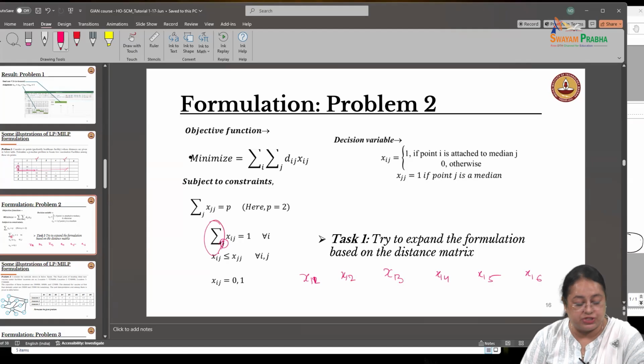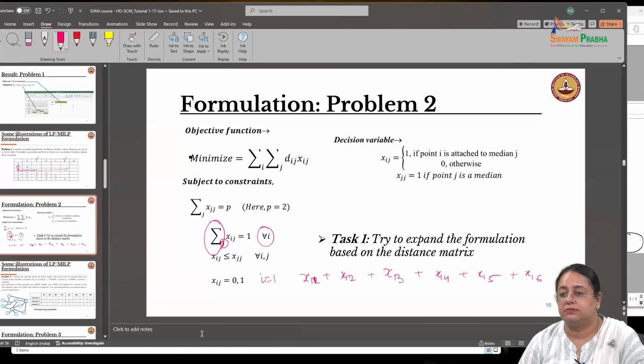And there is a summation sign. Add them. This is treated as for all I. For I is equal to 1, the first node, and what is J here? J is ranging. This has to be equal to 1. What does this mean?